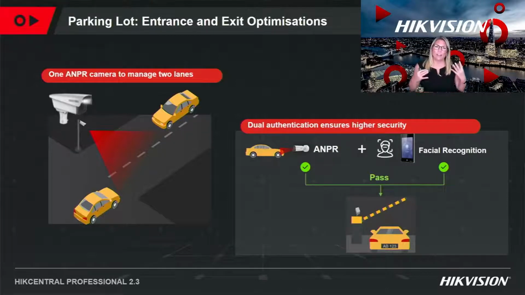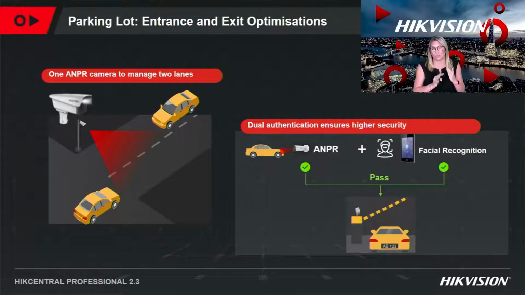What we've developed here as an add-on is that before, you would have to have 2 ANPR cameras, one on in and one on out, whereas now you can have 1 ANPR camera which can do in and out. However, if you are using a barrier, then you will still need your 2 cameras because they're going to control those lanes with the barriers.